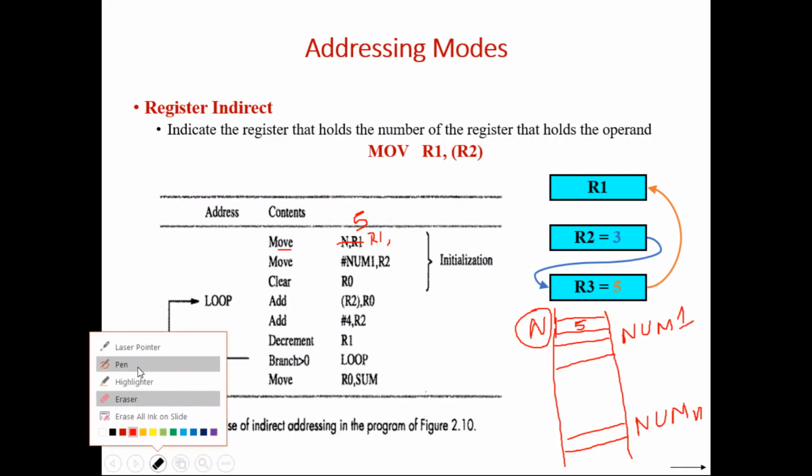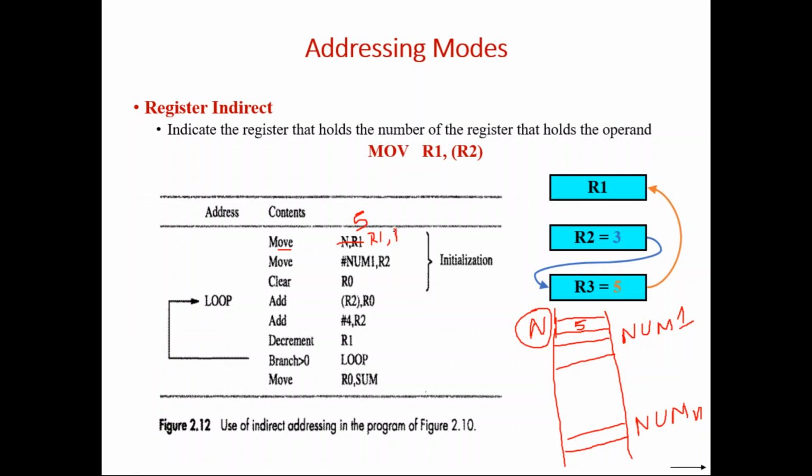I'm writing it like this just to follow one format. So move R1 comma n moves 5 to the register R1.